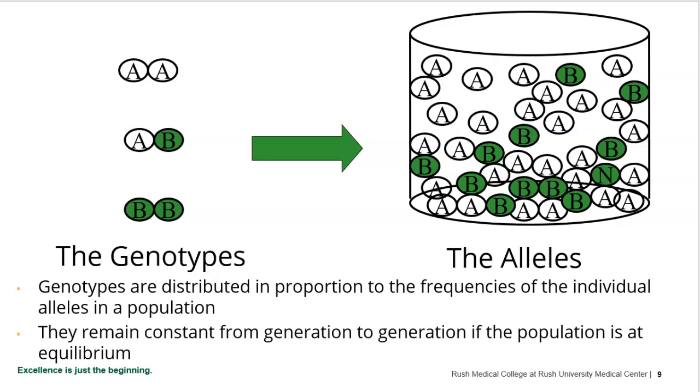So let's say we have 2 alleles, A and B. So we could have 2 A's, we could have A and B, or 2 B's. And this is just showing a jar with a bunch of these jumbled around, and so you pick 2. And the genotypes are distributed in proportion to the frequency of the individual alleles in the population. And they remain constant from generation to generation.